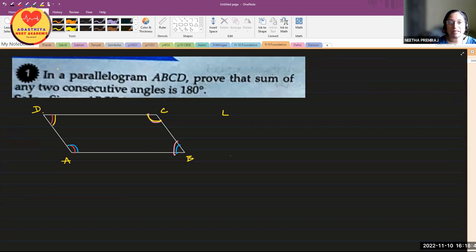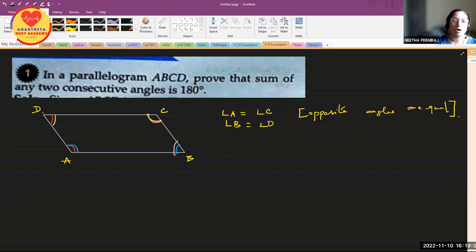So, angle A is equal to angle C. And angle B is equal to angle D, isn't it? Because opposite angles are equal. Okay. Now, what about angle sum property of a quadrilateral?